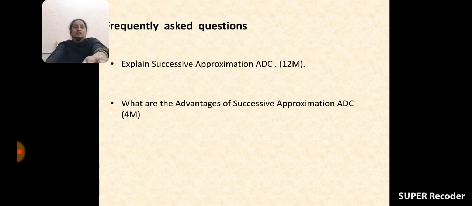And see, while coming to the important marks questions, our question paper long answer question carries 5 marks. For the 5 marks, they ask: explain the construction and operation of the successive approximation register with a neat sketch, and explain the construction and operation of the counter method analog to digital converter.